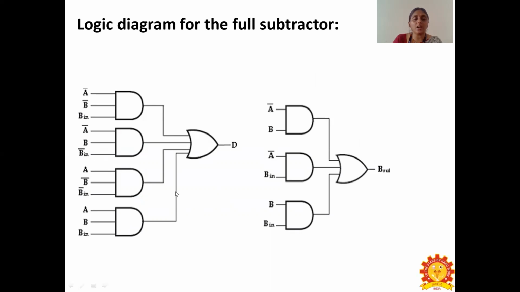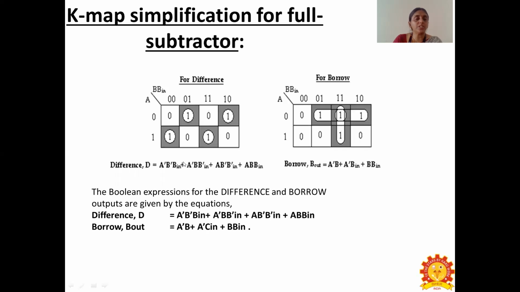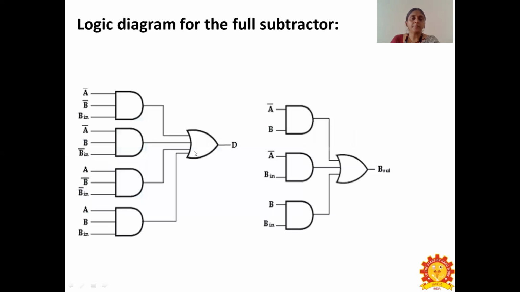When all these are connected to the OR gate, where in the Boolean expression we use the plus operator, which means we are applying an OR gate, if any one of the AND gate results is 1, then the difference value will be 1.